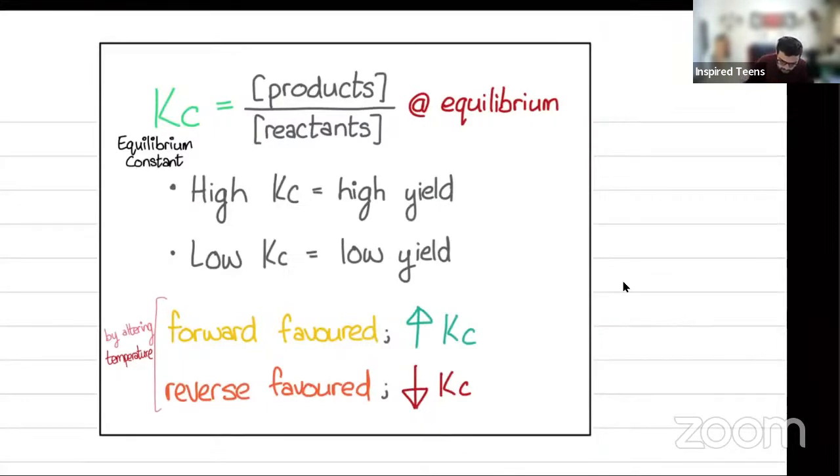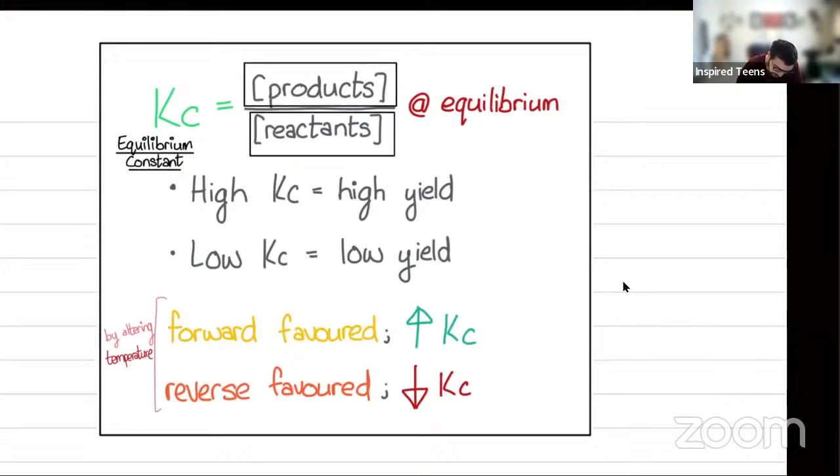Essentially, it is the ratio of the concentration of products over reactants at equilibrium. These square brackets, always remember, represent concentration.